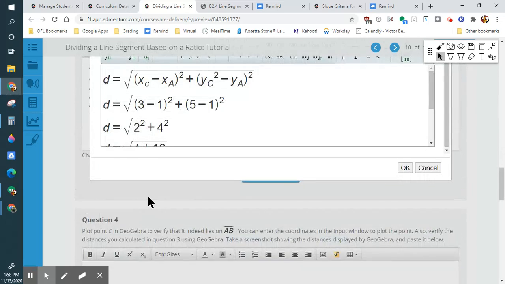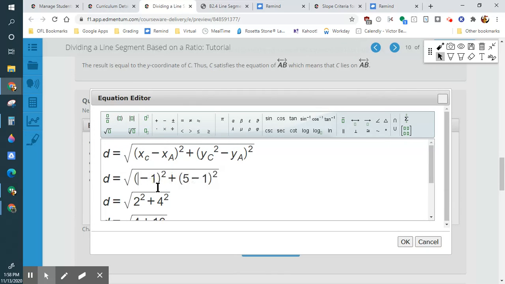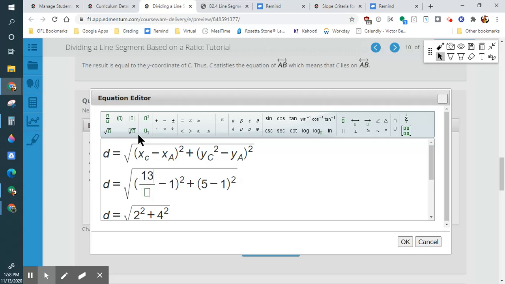13 over 5. So this is a fraction. 13 over 5. This is what I meant by using their parentheses. If you don't use their parentheses, they don't stretch out with it. I'm going to delete my parentheses.